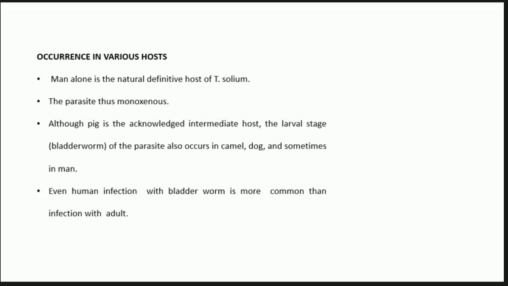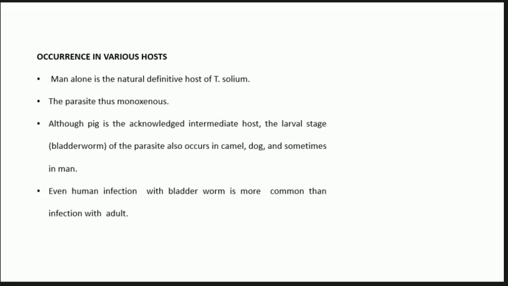Although the pig is acknowledged as the intermediate host, so other than man, where you can find it will be in the pig, but the larval stage. In the pig you will see the larval stage of the parasite, okay, and sometimes this can also occur in camel, dog, and in intermediate part man is also there, okay, but yet larval infection in pork is quite frequent.